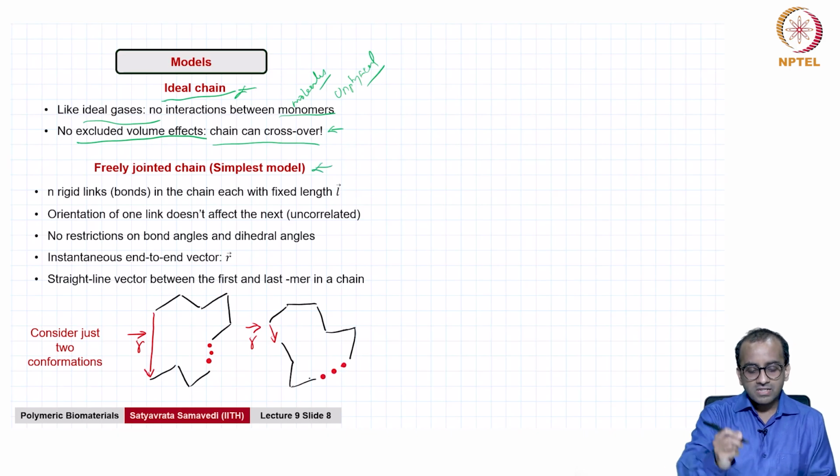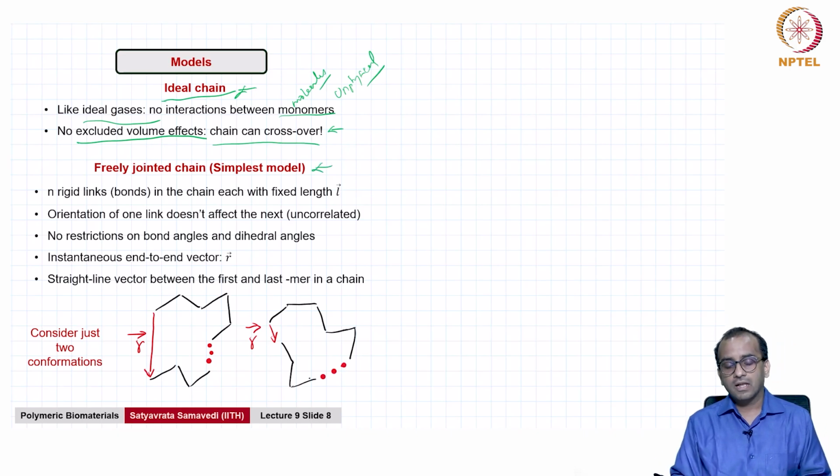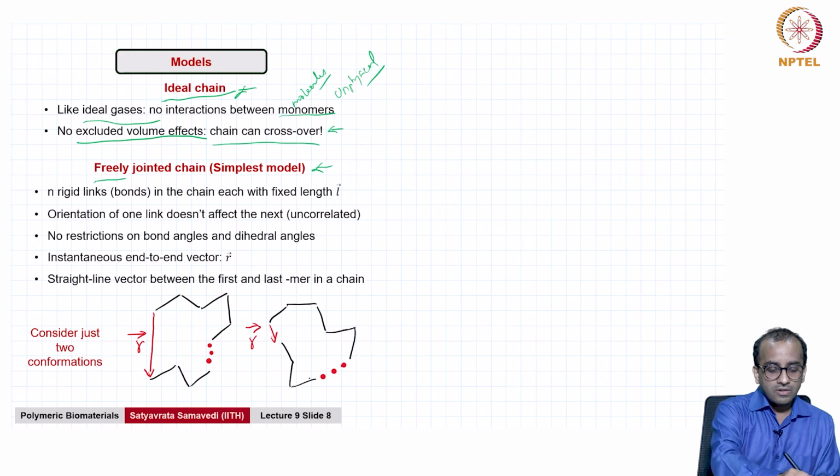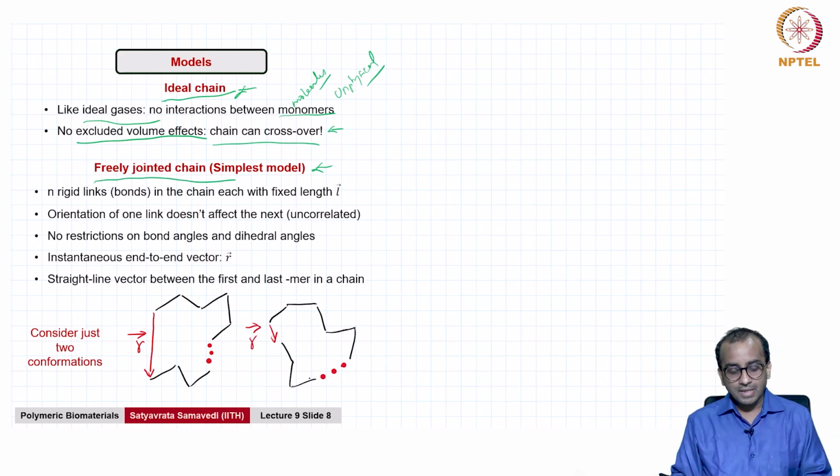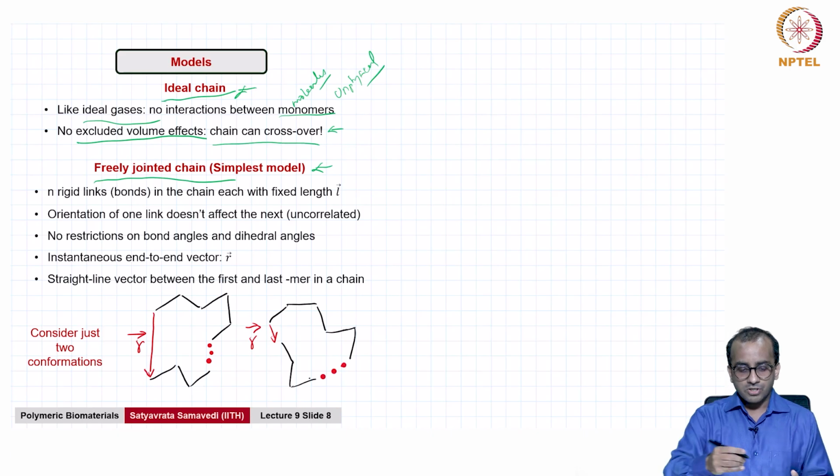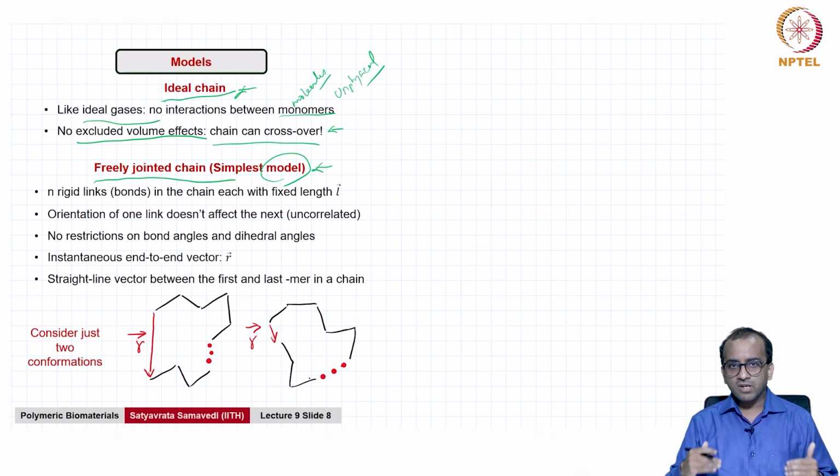And one of the simplest models we will look at for this is called the freely jointed chain model. Any model that you come across, the word model itself simply indicates that the framework that we are going to come up with is going to reflect some aspect physically of the system, likely through a mathematical equation.